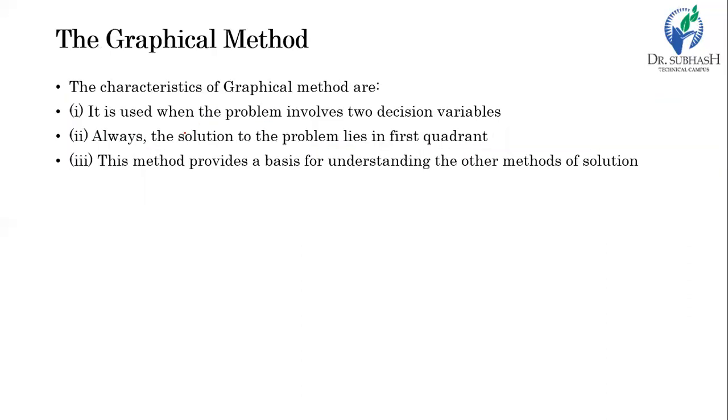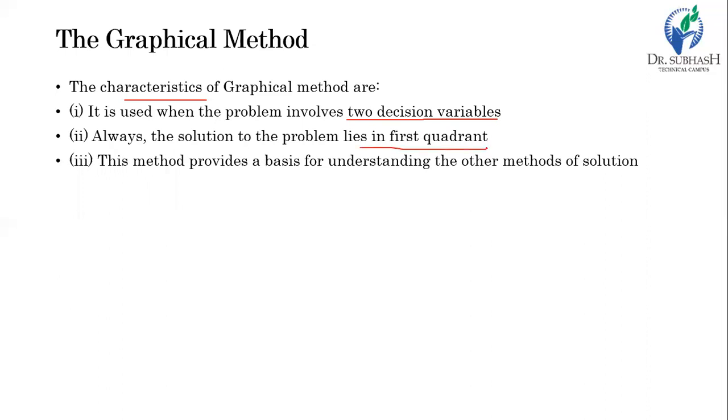The very first method is the graphical method. First, we will see the characteristics of the graphical method. The graphical method is used only when two decision variables are available. For more than two decision variables, this method is no longer applicable. The solution to the problem always lies in the first quadrant, because of the non-negativity condition.